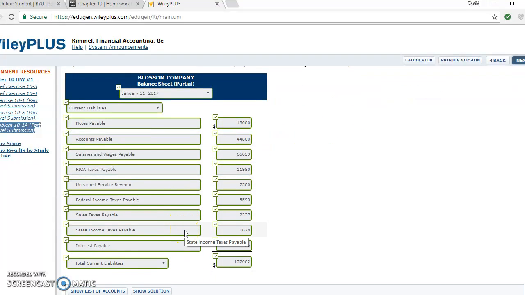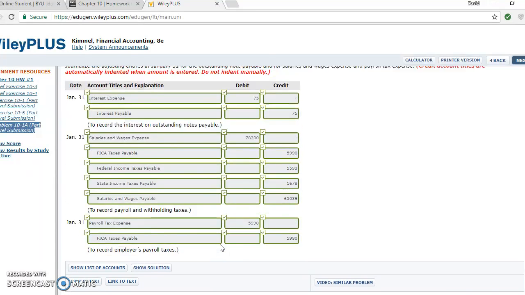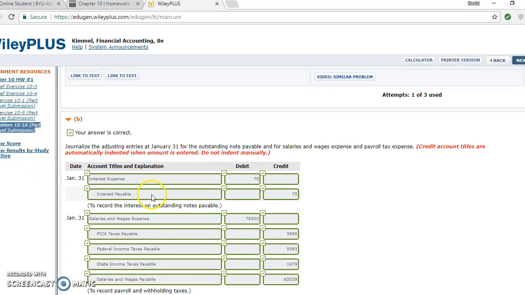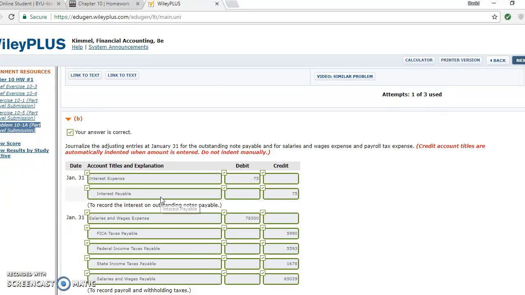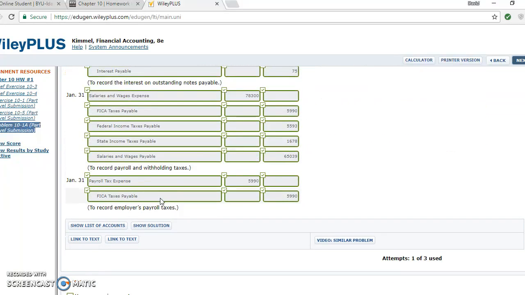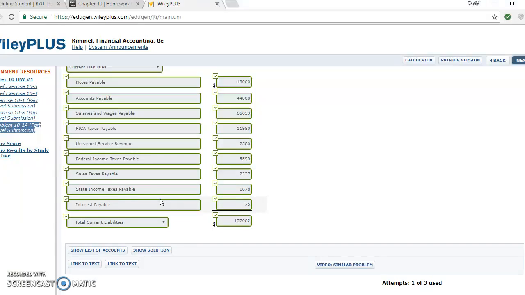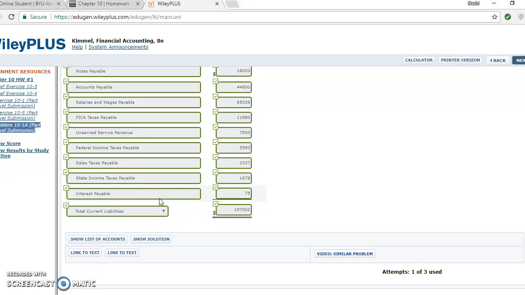And then we get the state income tax payable from the amount above, and then the interest payable we had calculated earlier in this journalized adjusting entry. And so then the total amount of all those ends up being $157,002.